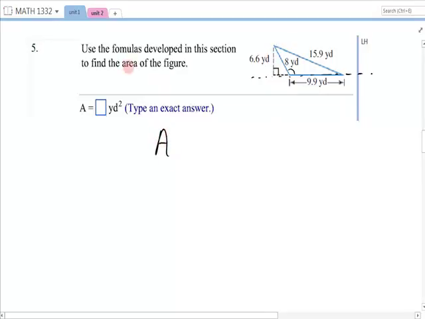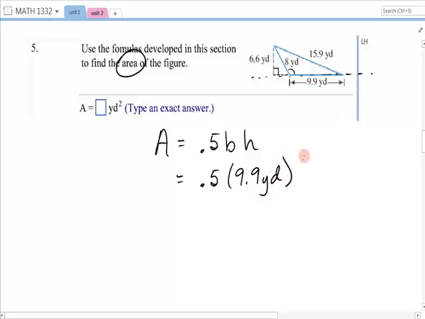All right, we're finding area. It's a triangle. I'm going to use 0.5 times base times height. It's 0.5. The base of the triangle, the way I have it drawn, is 9.9 yards. The height is measured to be the perpendicular distance. It's 6.6 yards.